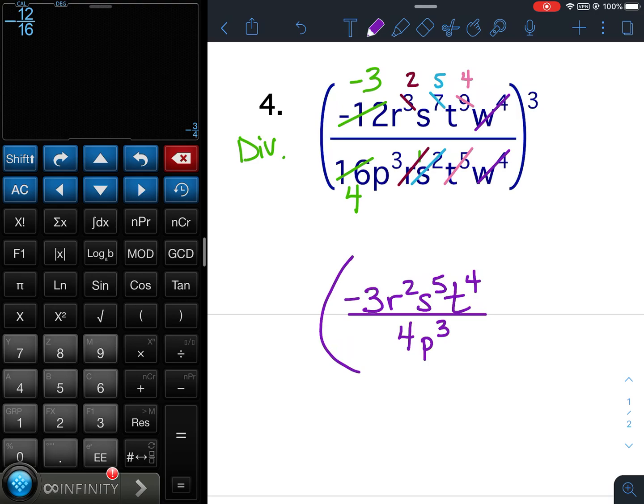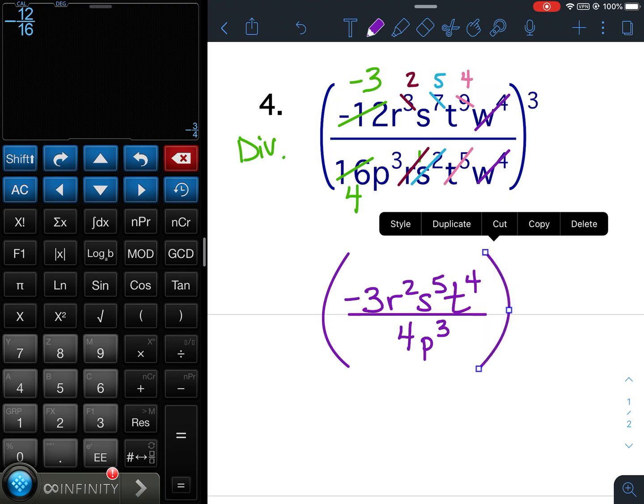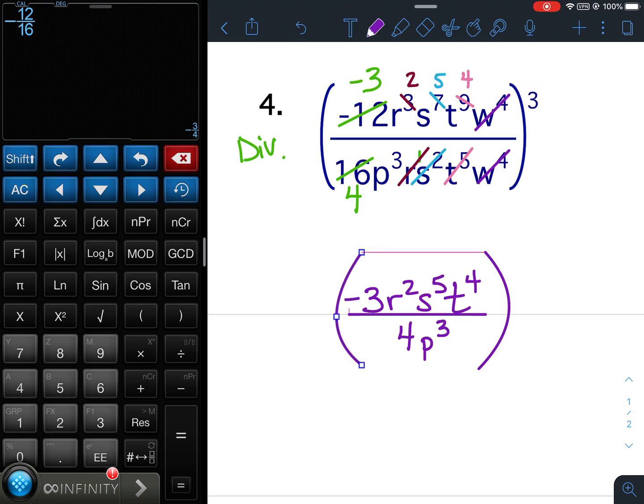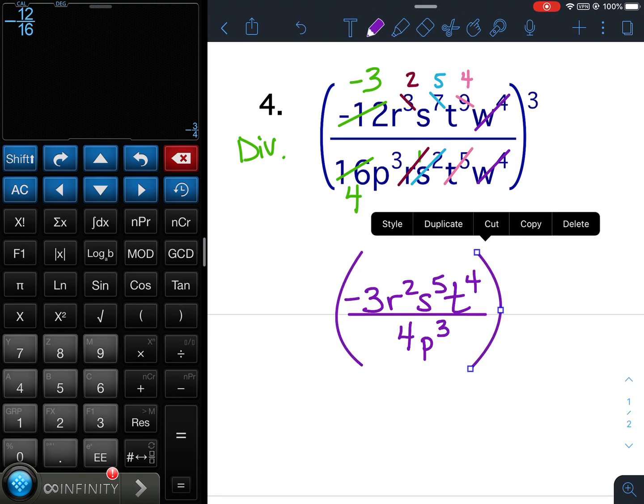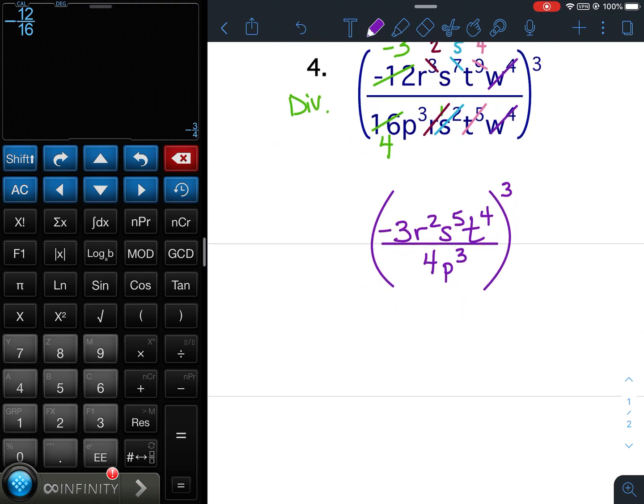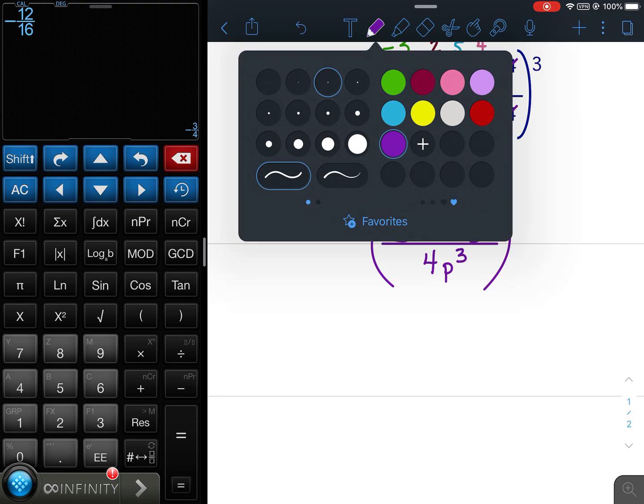And then don't forget, we need the parentheses and the 3 on the outside. Okay, now it's time for power of a fraction.